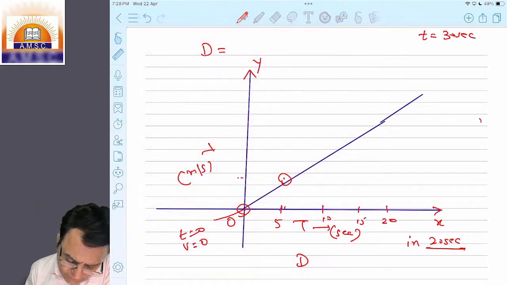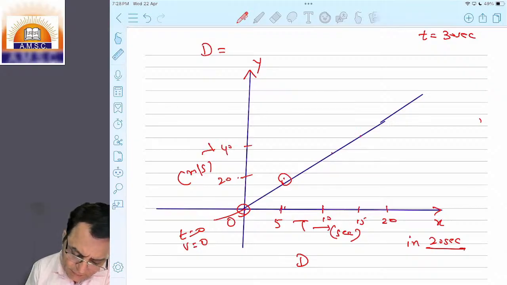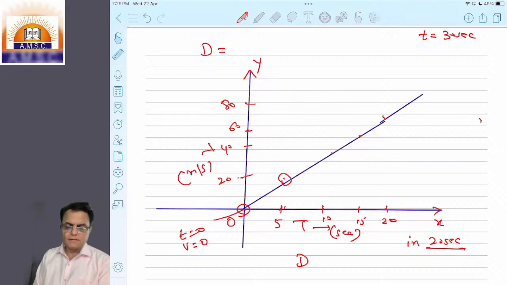This is 5, let it be 20. This is 10, let it be 40. This is 15, let it be 60. This is 20, let it be 80. तो रफली मैंने एक फिगर आपको दे दी है.